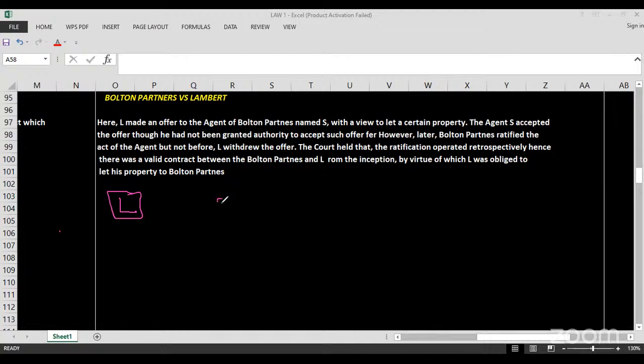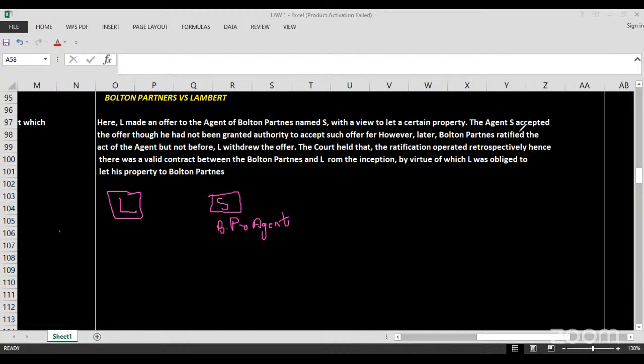So there's a person called S, who is Bolton Partners' agent, with a view to let a certain property. He's going to make an effort to let a property.